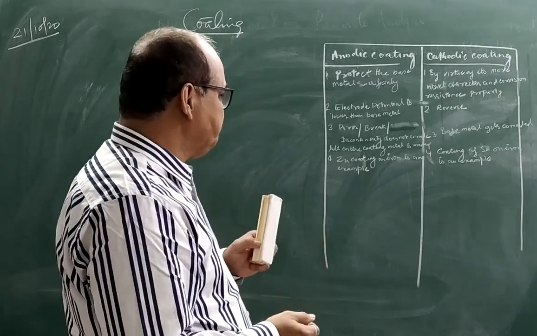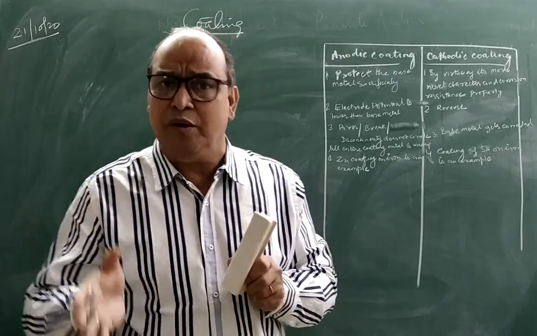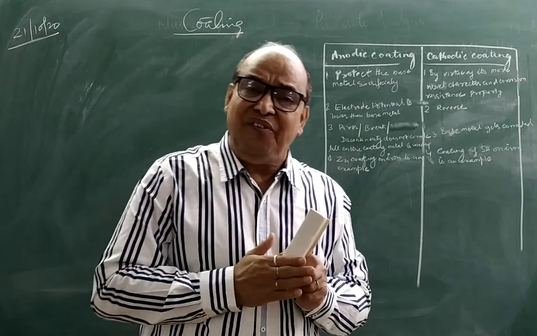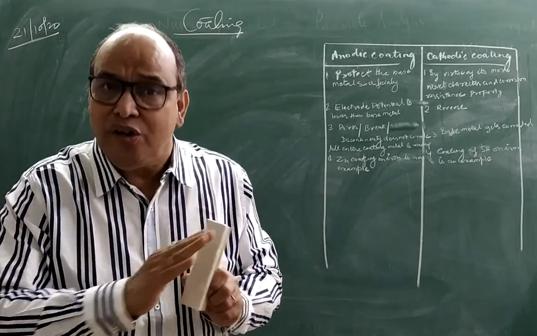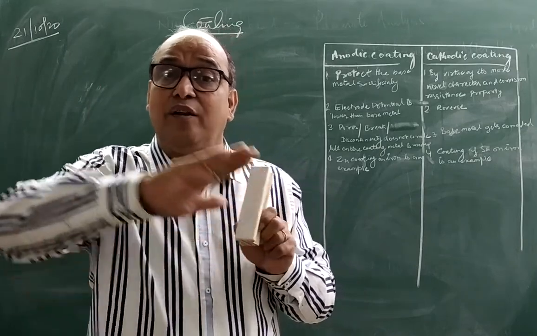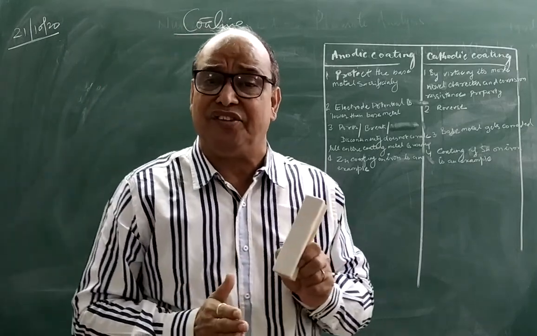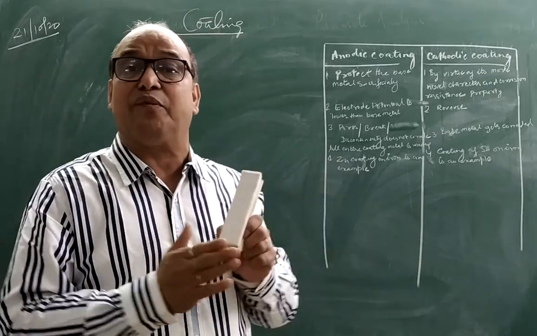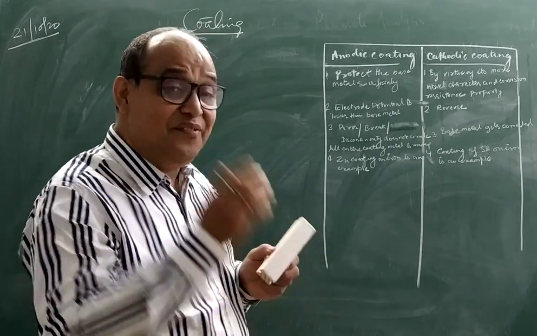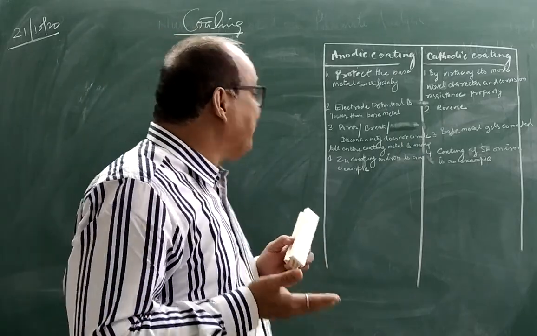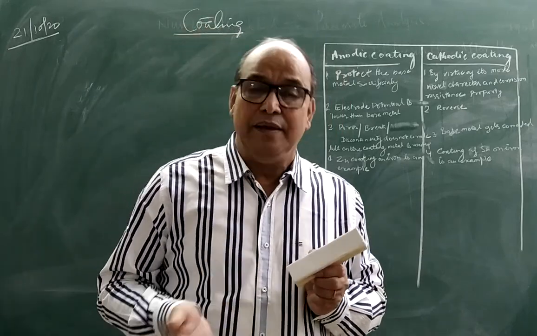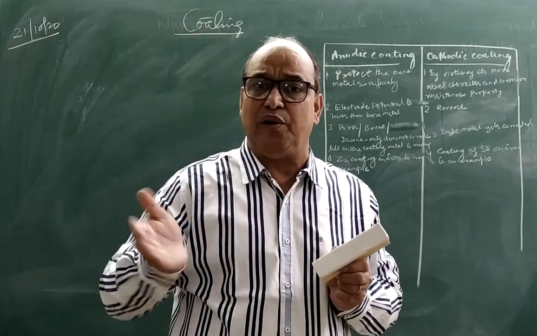The third point is that if there are any pores, breaks or discontinuities on the metallic surface to be protected, in anodic coating it will not invite any corrosion until the entire coating is removed from the metallic structure. But in cathodic coating, if there is any crack, break, pore or discontinuity, corrosion will be invited and the structure will get corroded.